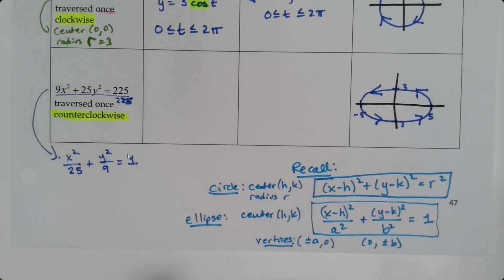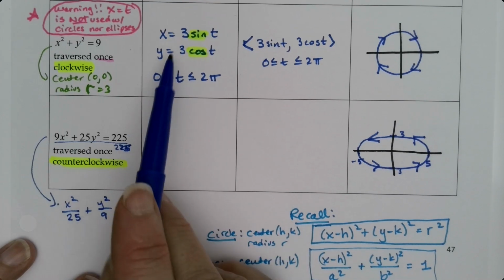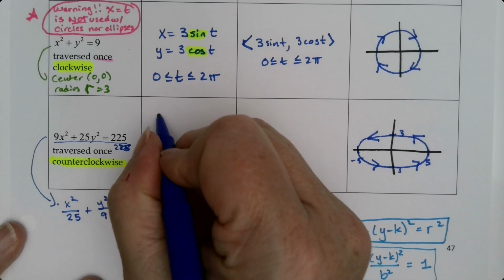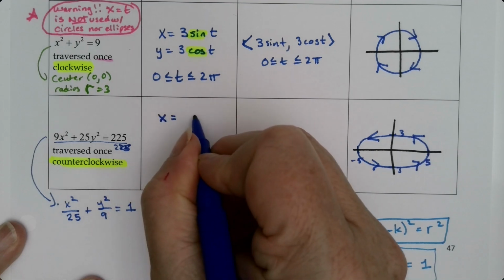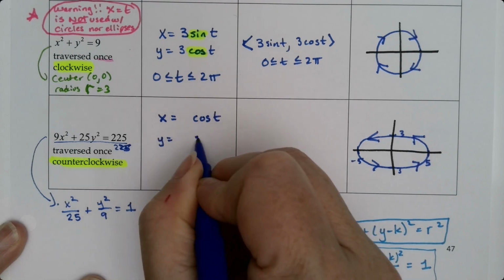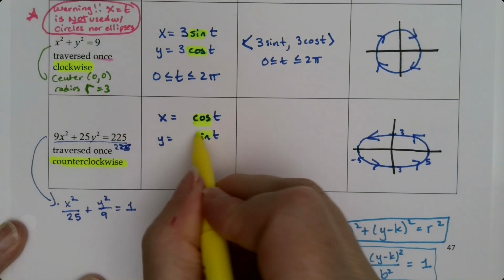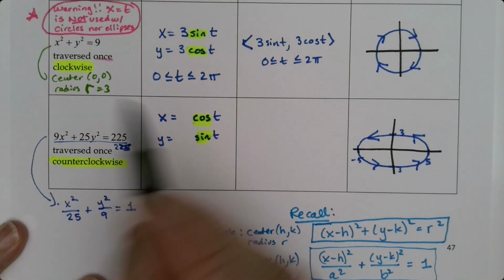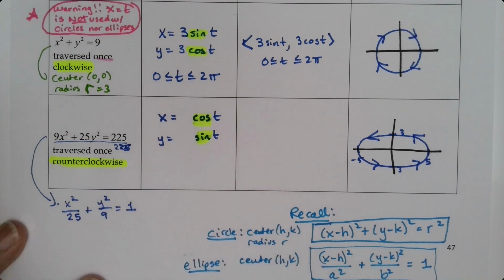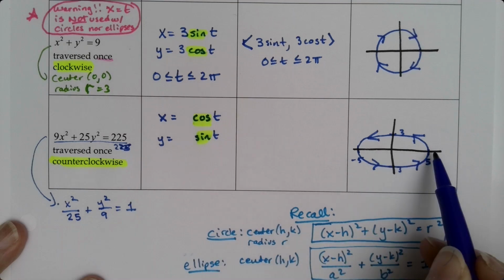All right, so at that point you have to remind yourself how to do these. And the answer is they work very similar to circles because they're closely related. So you just say, okay, since I'm going counterclockwise, this is cosine and sine. If it was a circle, it would be the same number in front, 5 and 5, 3 and 3, and so on. But because this is an ellipse, it's farther out in the x direction, this particular one is.